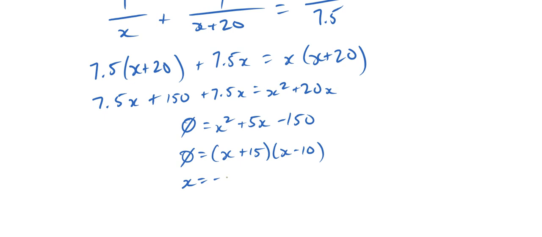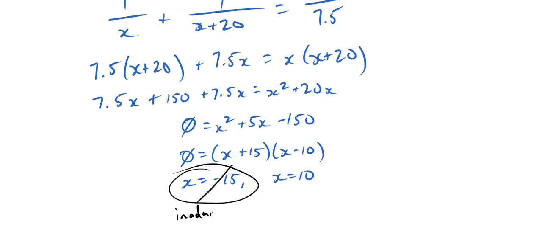So x is negative 15 and x is 10. Look at that. X is 10, just like we guessed all along. That wasn't on purpose. And you can't work a negative number of minutes, so this one is inadmissible. And so it looks like Jane actually can do it on her own in 10 minutes, and Bill then can do it on his own in 30 minutes. Write your conclusion sentence and you're done. Any questions about that?